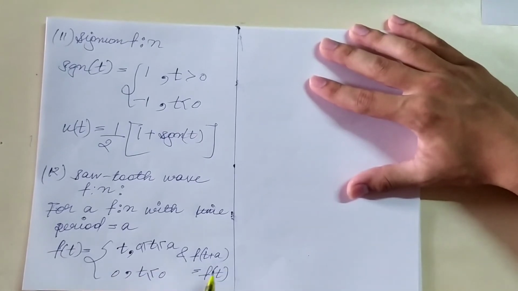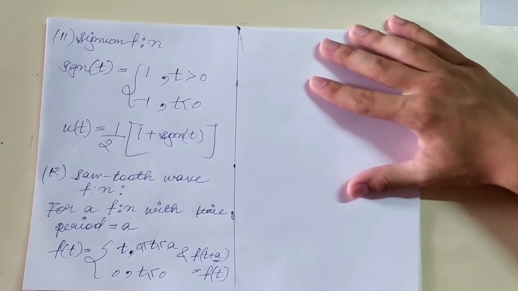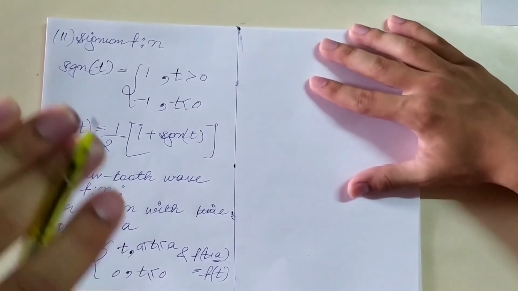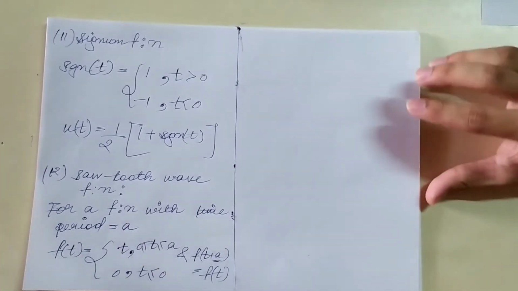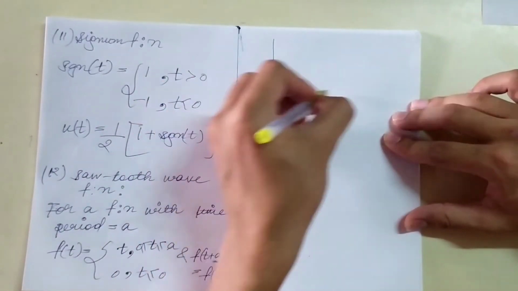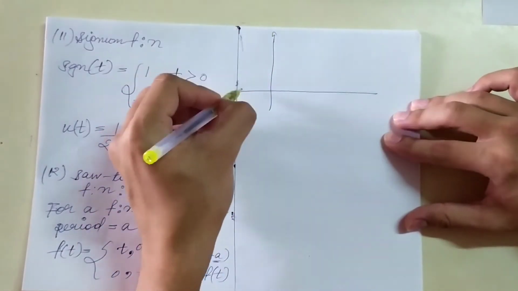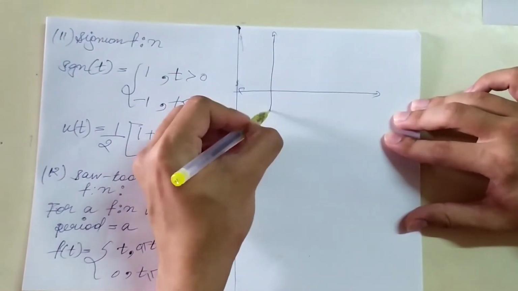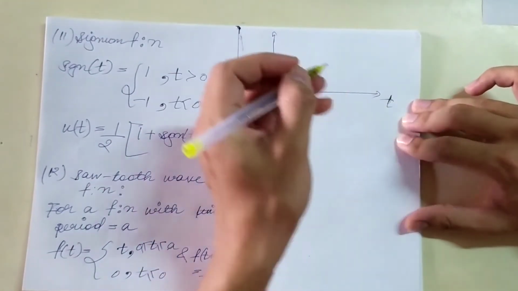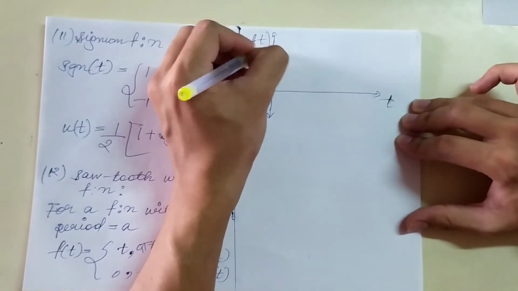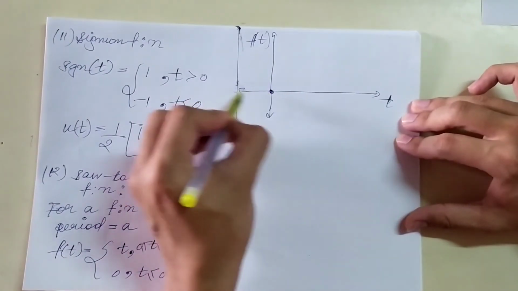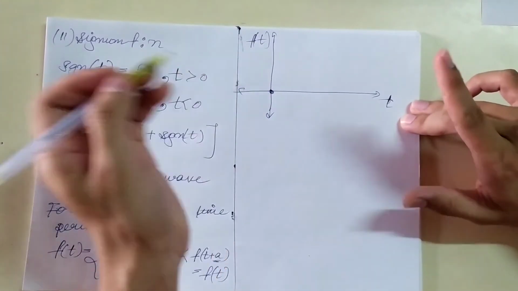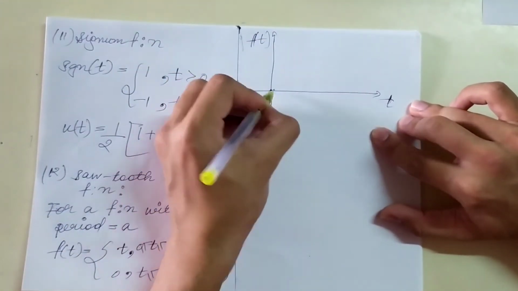So basically, if we look at the time period of this function, it is a, because f of t plus a, after an interval the function will repeat itself. So let's see its graph. So the graph will be, so this is t and this is the function. Now see, for t less than or equal to 0 the function is 0, and for greater than 0 the function will look like this.